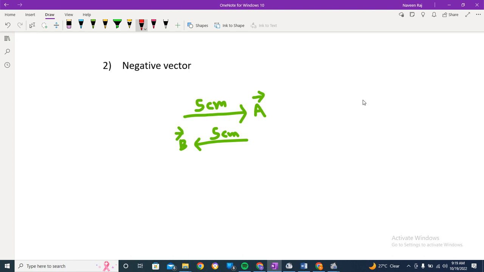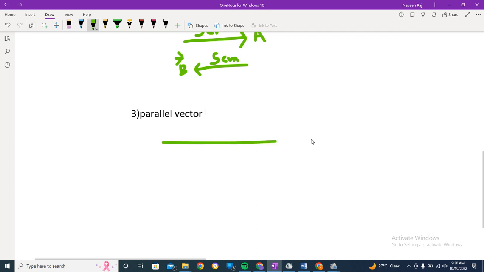This is the case. Moving forward to the third type of vector, we have the parallel vector. What does that mean?